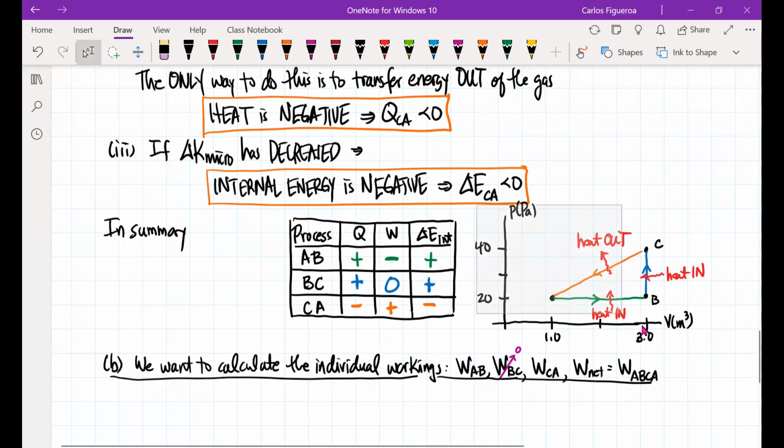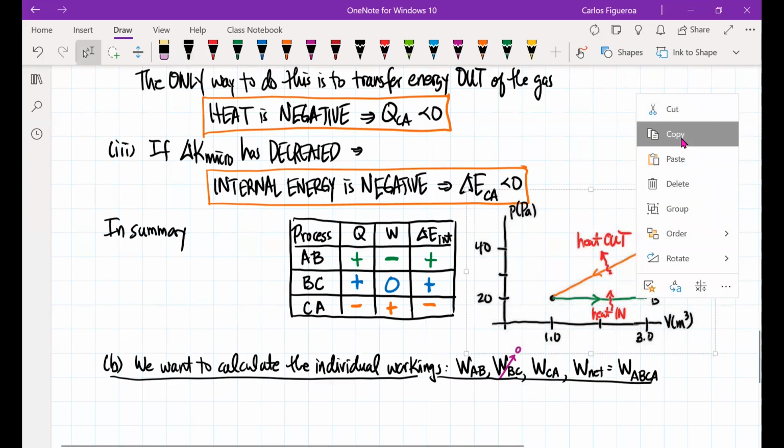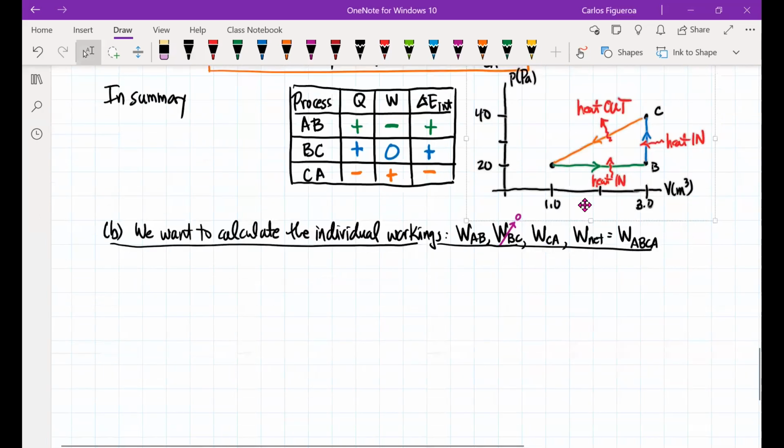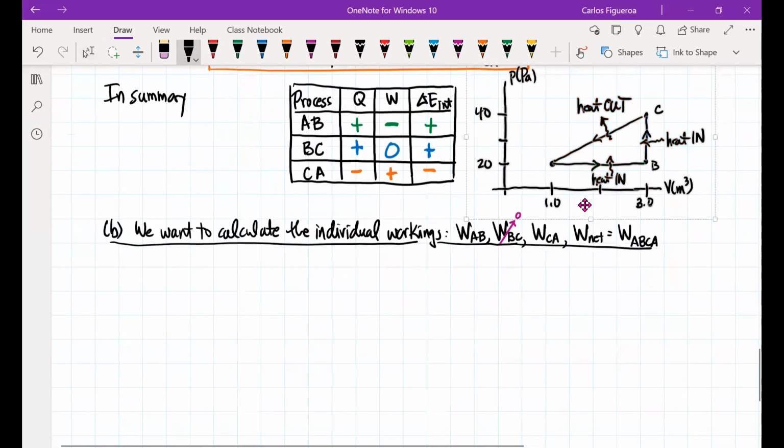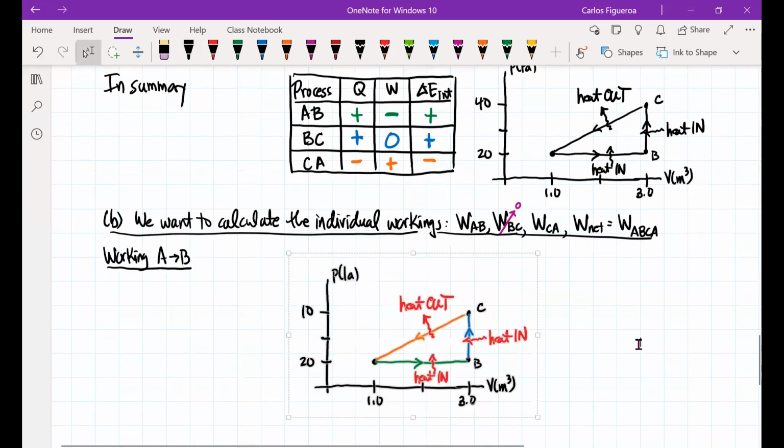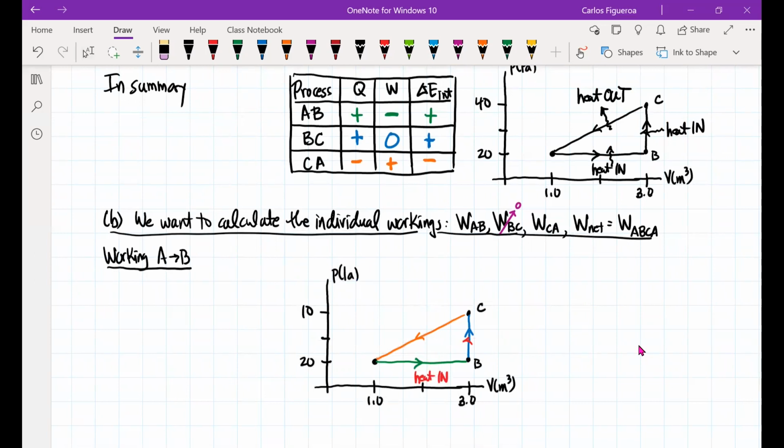So I'm going to use this curve here and I'm going to modify it. So here we go. What we're going to be looking at is the working from A to B. Now, when I look at this working, remember it's the area under the curve. So let me paste this in here. And what I'm going to do is take all of this heating out because we only want to focus on that.